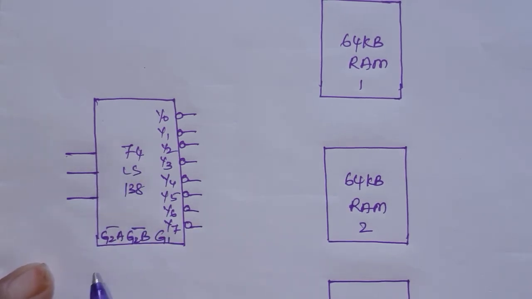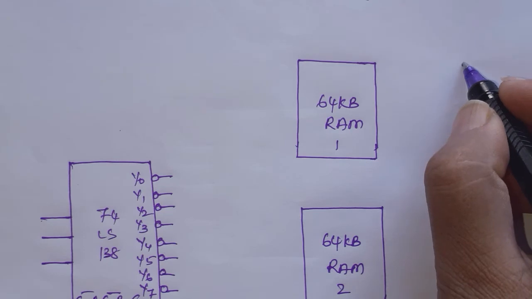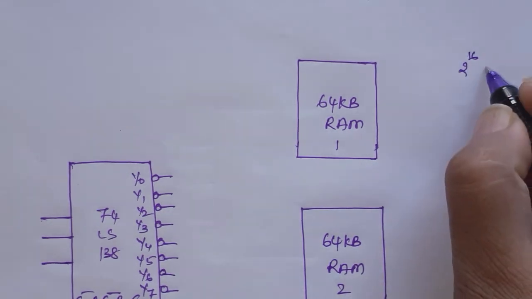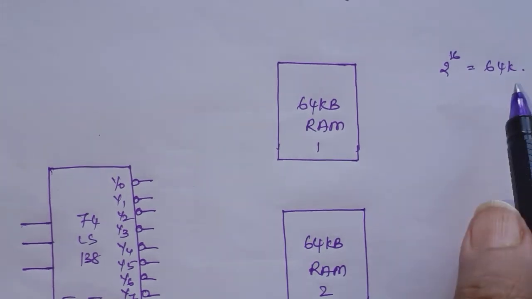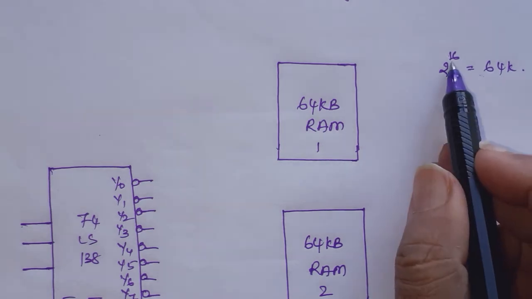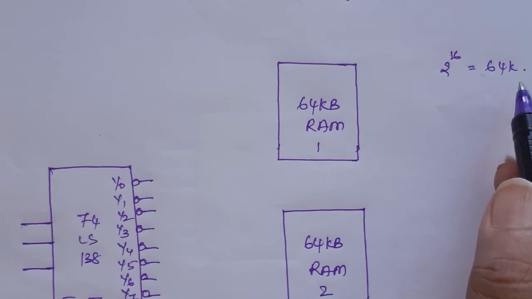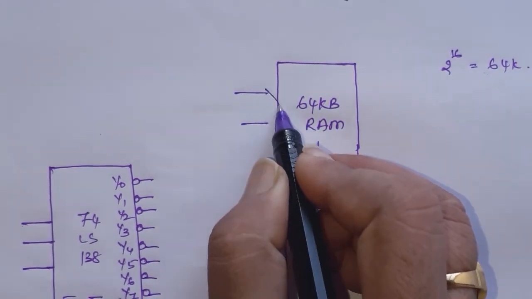Here 64 KB means how many address lines are required? 2 to the power of 16 is 64K, isn't it? 2 to the power of 16 is equal to 64K. So 16 address lines are required, A0 to A15. So you can connect A0 to A15 here.